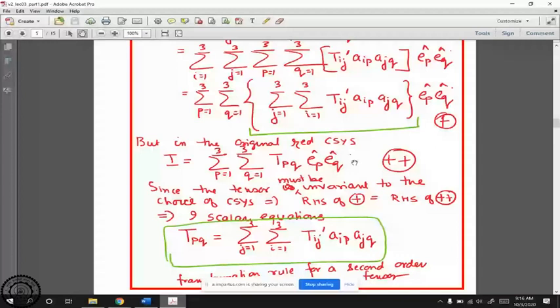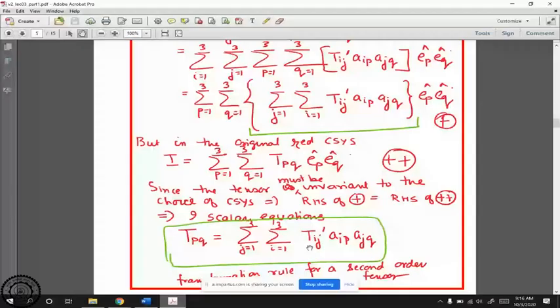Those 9 scalar equations are: you take TPQ from here, put it on the left hand side, and that must be equal to the green underlined item here, if they are to represent the same tensor, right?